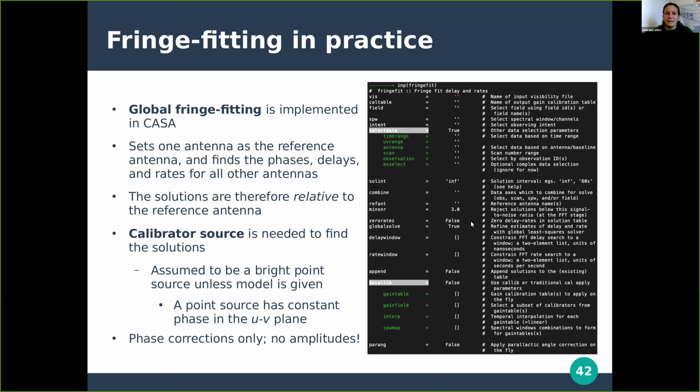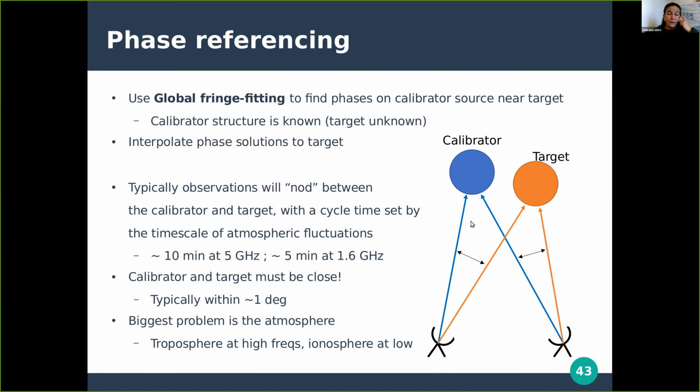And keep in mind that fringe fitting gives you phase corrections only. It does not give you an amplitude. I know we solve for the phase offset, the delays, and the rates, but the combination of all of that together is your phase error. So that's your phase correction. How this helps us out is we use what we call phase referencing.